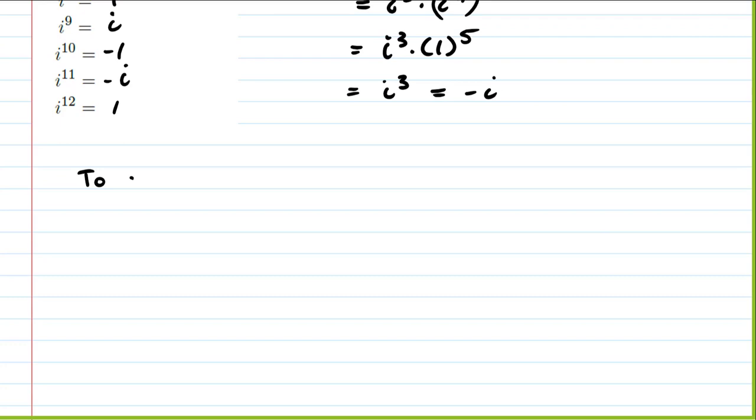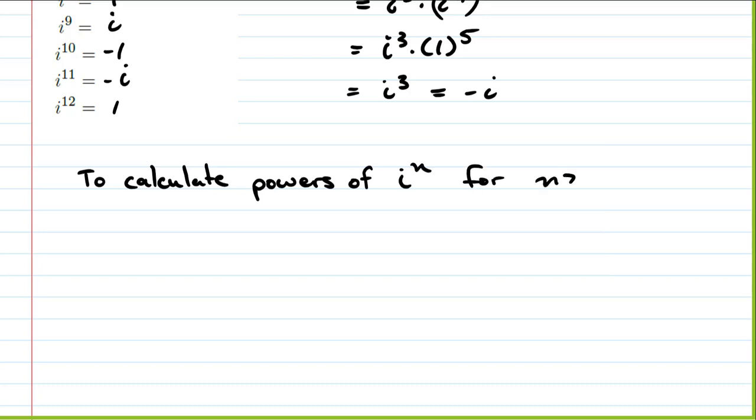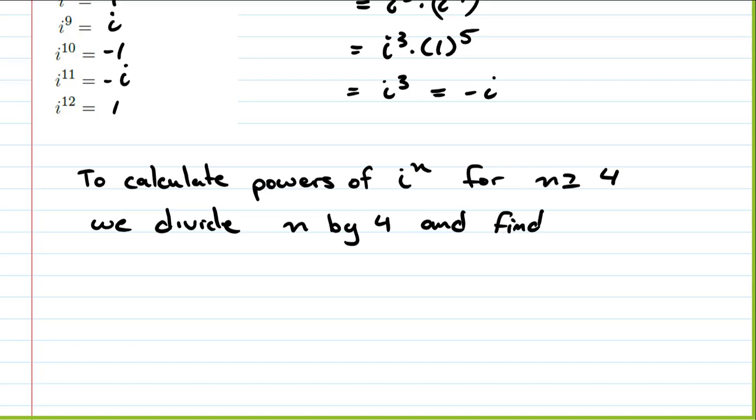So to calculate powers of i for n greater than or equal to 4, we divide n by 4 and find the remainder, r.